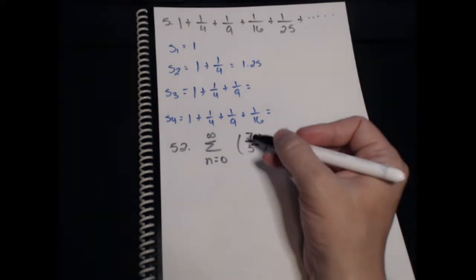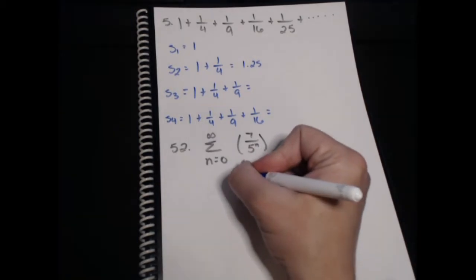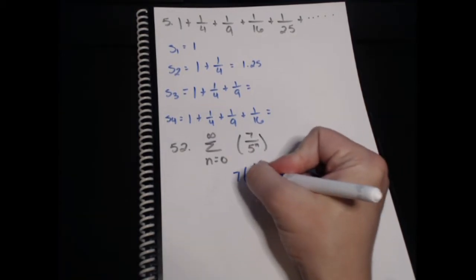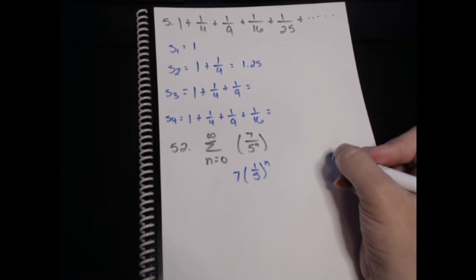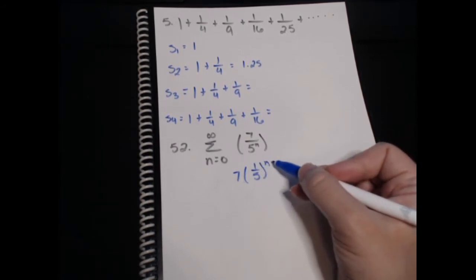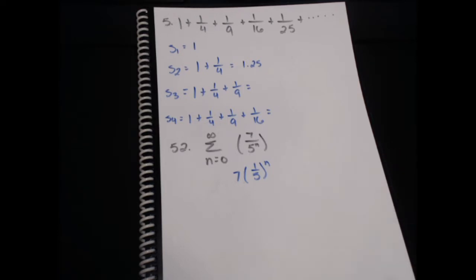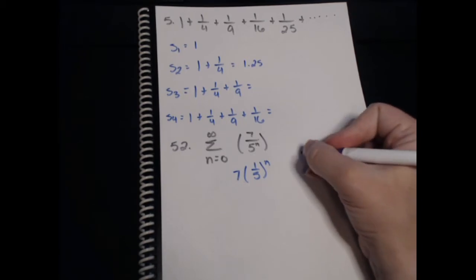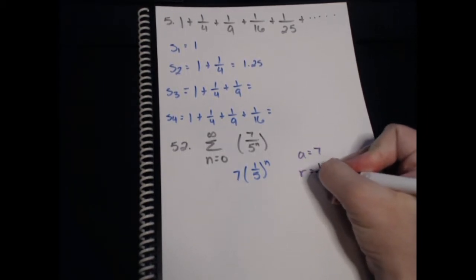So the big thing here is making sure that you're rewriting this as 7 times 1 over 5 to the n. Because 1 to the nth power is always going to be 1, and then 5 to the nth power is the one that would change. Once you make that, you know that A is 7, R is 1/5.